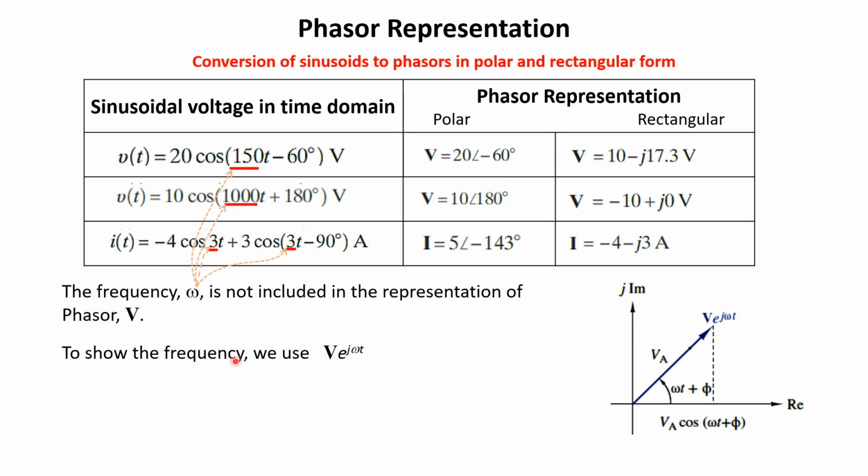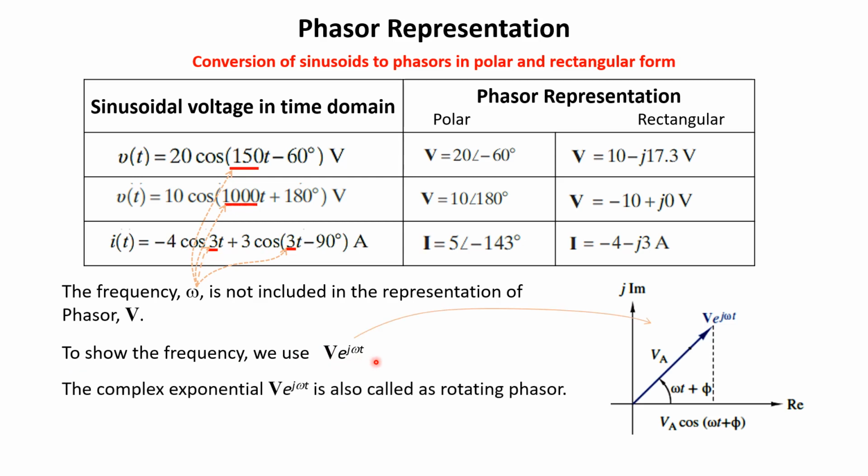To show the frequency, we use V. V is the phasor representation multiplied by e^(j omega t), and this product is a complex exponential, which is also called a rotating phasor, and we use an arrow over here as if this, which is a complex quantity, this phasor is rotating at the frequency of omega.